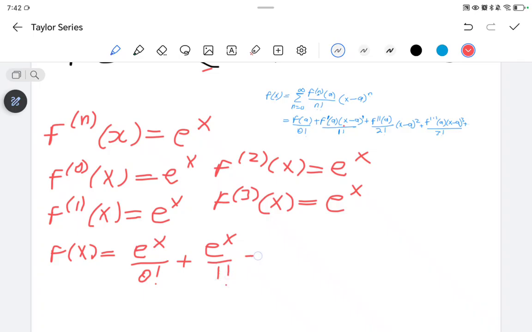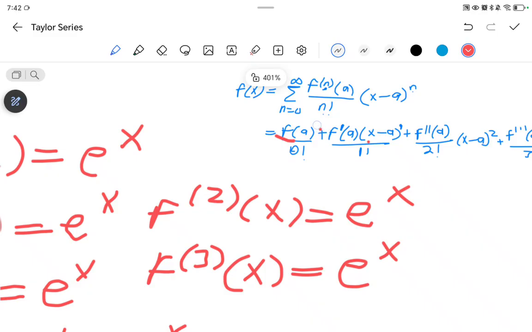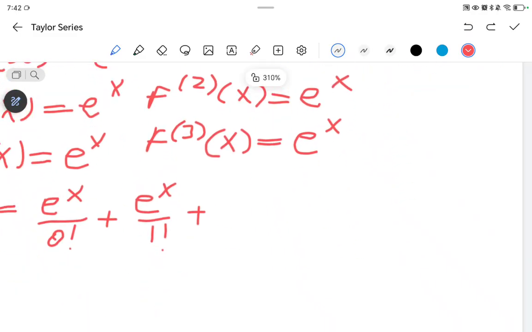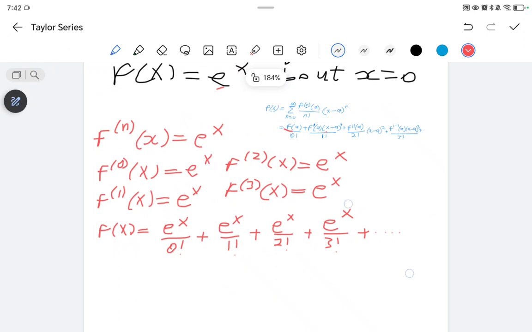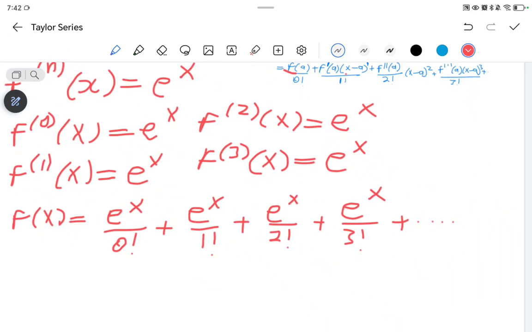And then plus this one, second prime, I'm going to write these only. This will be e to the x over 2 factorial plus e to the x over 3 factorial plus and so on. You see right now? Don't forget this, it would move up until infinity. I'm sure we agree for that.